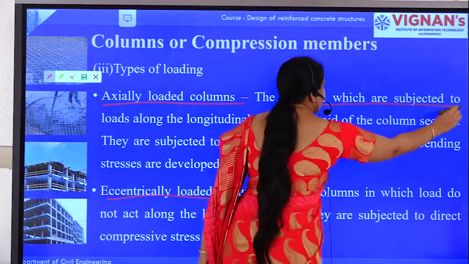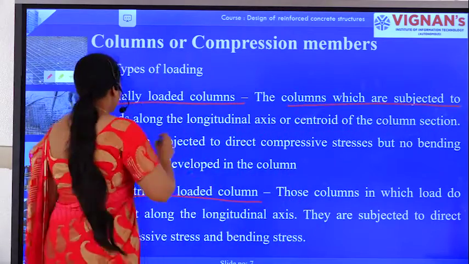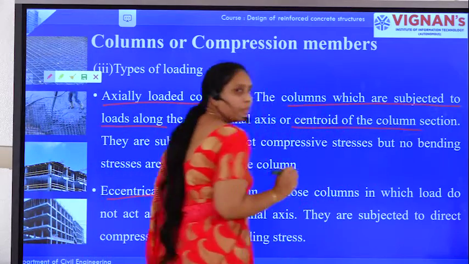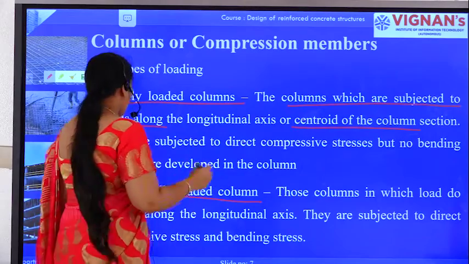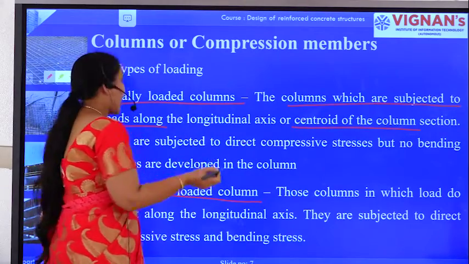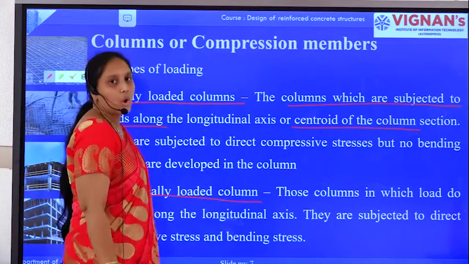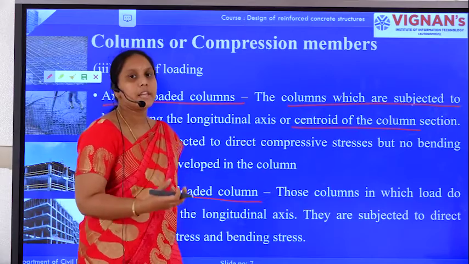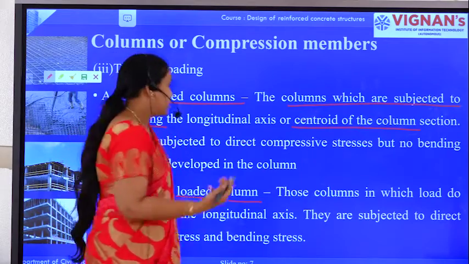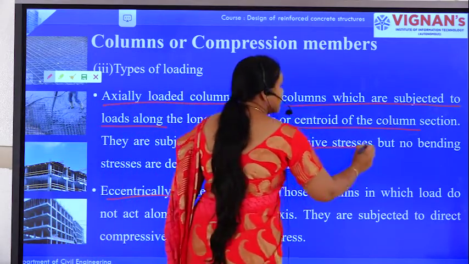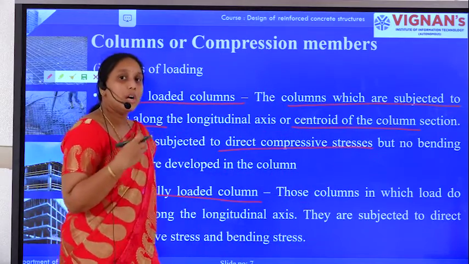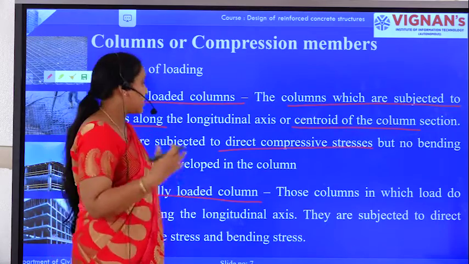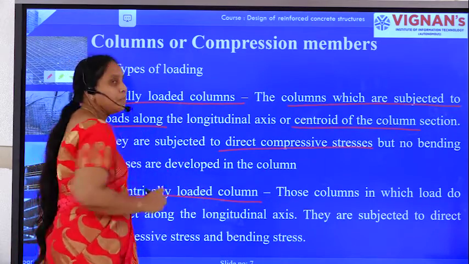When the columns are subjected to axial loads along the centroid of the column, such columns are called axially loaded columns. In such columns there will be only compressive stresses and there will not be any bending stresses. They are subjected to direct compressive stresses and there will be no bending stresses. Such columns are called axially loaded columns.